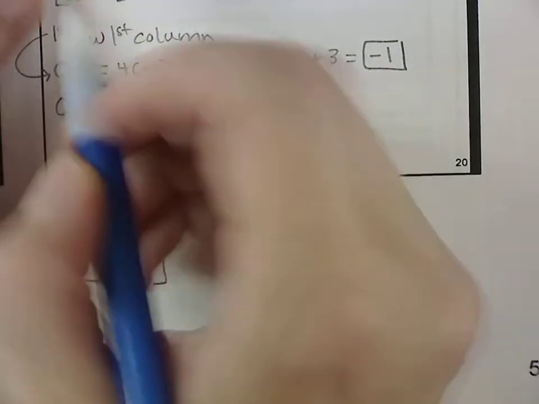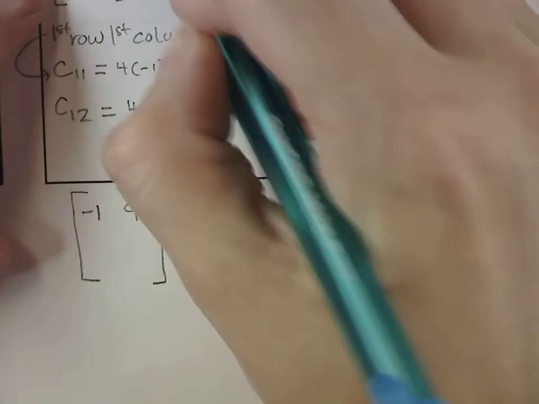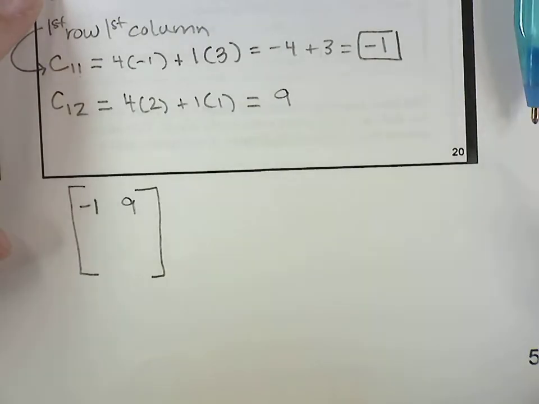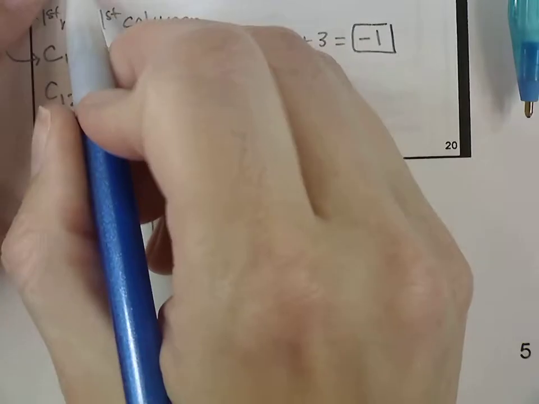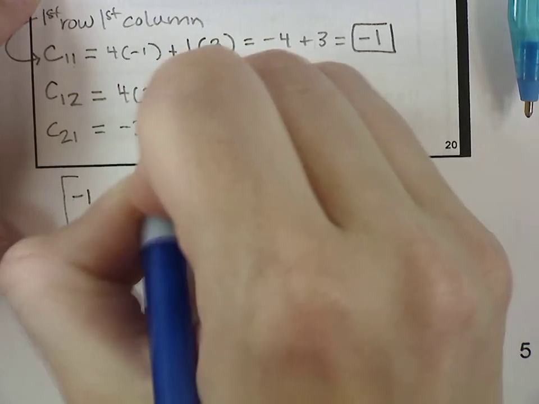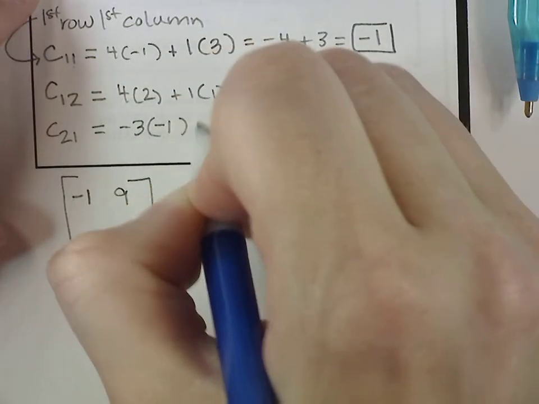Okay, so now we have to move on to the second row. So now I'm going to do the second row and then the first column. Okay, so the second row, first column. So I'm going to start with negative 3, and what do I have to multiply that by? Good, negative 1.